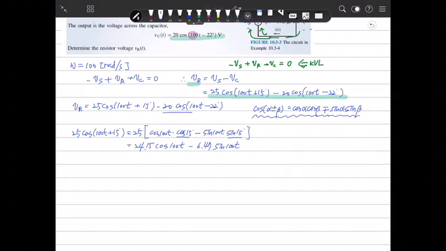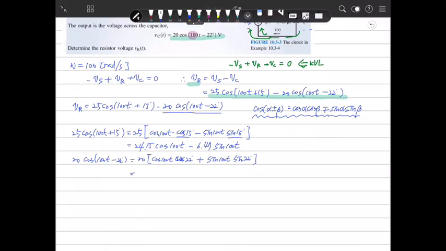Wow. Then we need to do that here in this form. The 20 cosine(100t minus 20 degree). That will be 20 in the same way, cosine 100t and cosine 20 degree plus sine 100t and sine 20 degree.